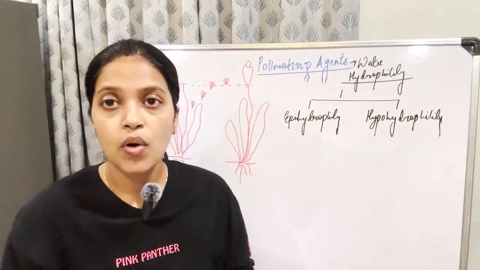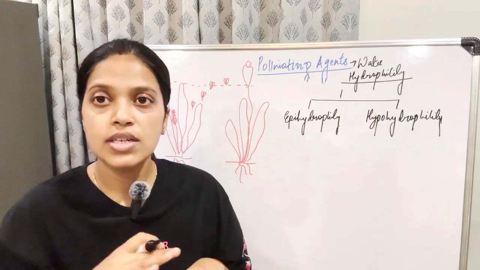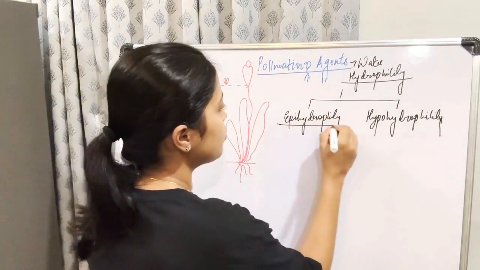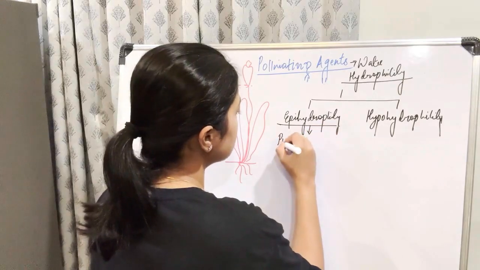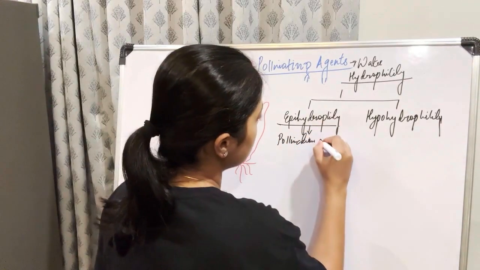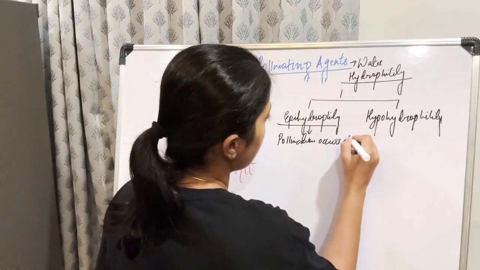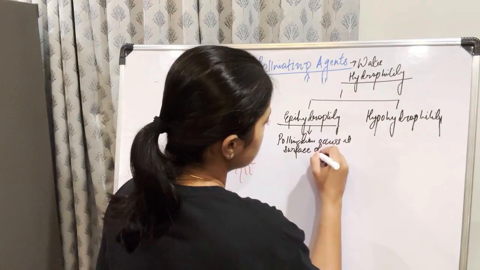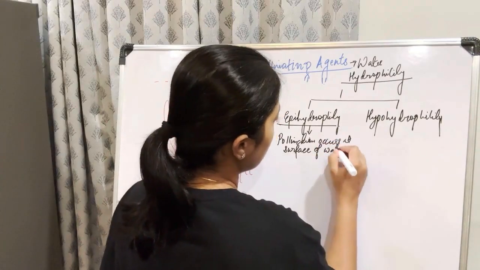It means when the pollination is occurring on the surface of the water, it is called epihydrophily. So here the pollination occurs at the surface of water.